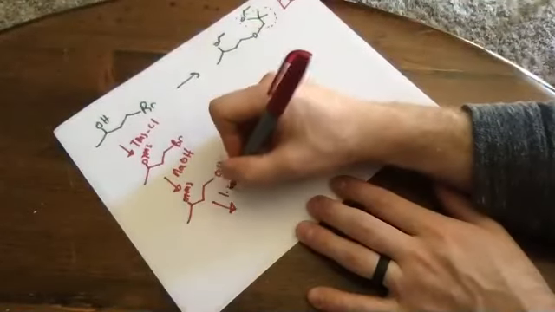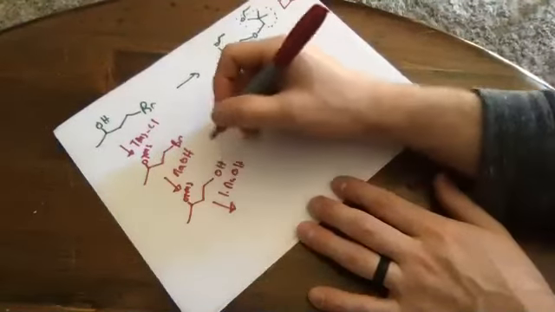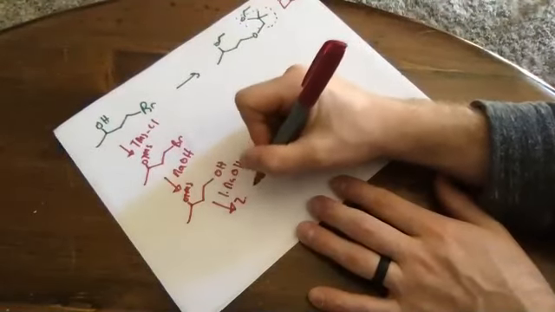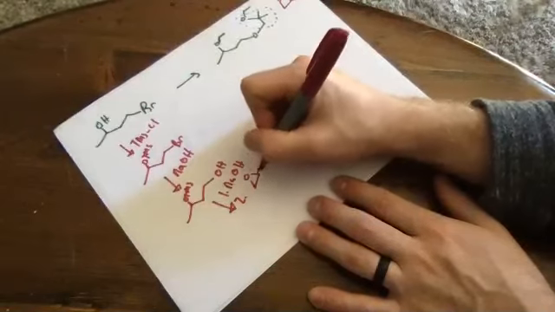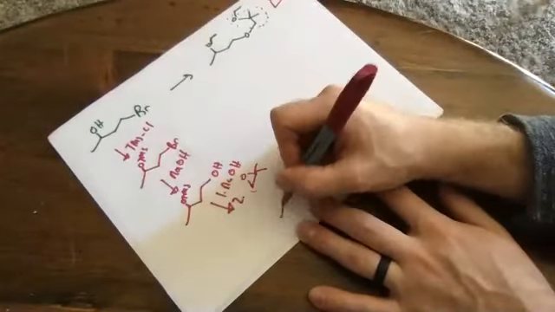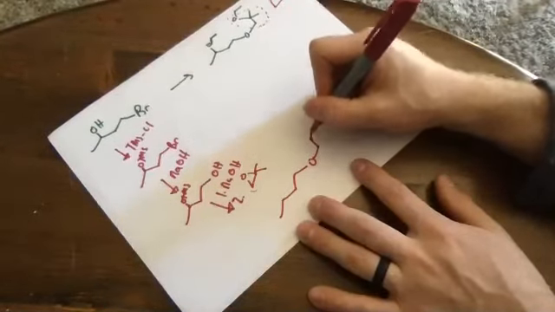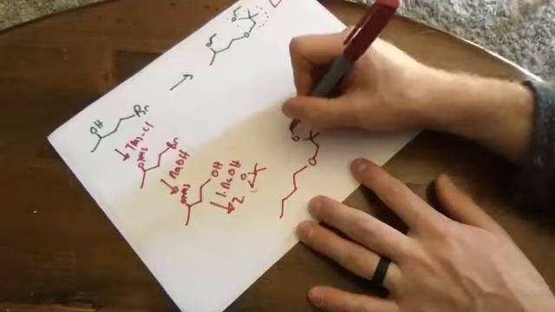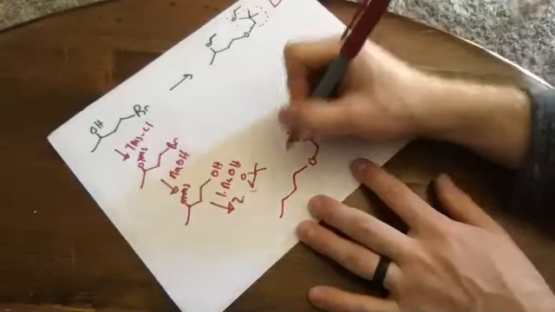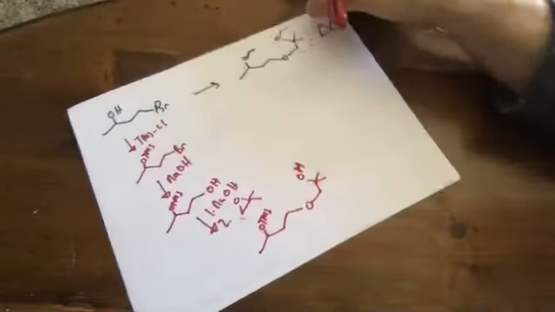Throwing in NaOH would make this into an O minus. And then our epoxide, we can open it on that less substituted position. So we would get OH here, the majority of our skeleton.